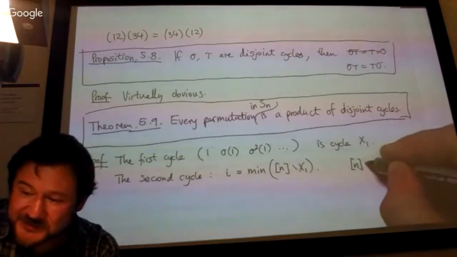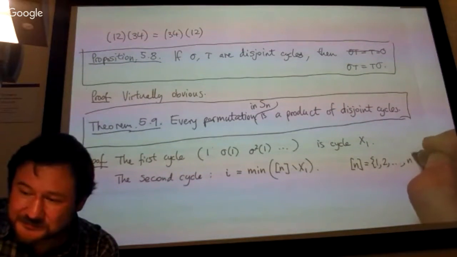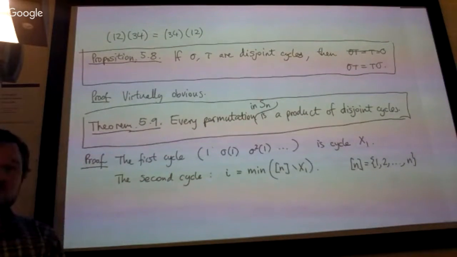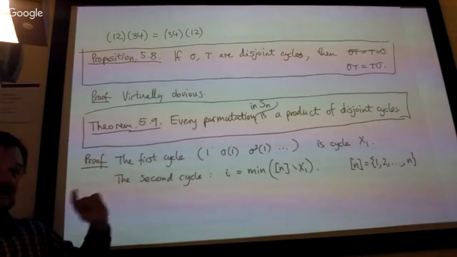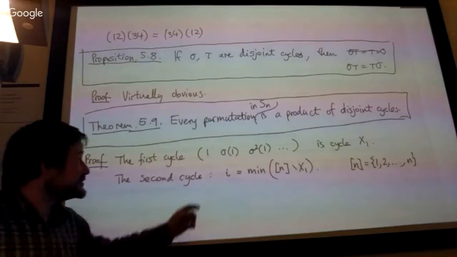Have you come across this before? No? Doesn't matter. When I write n in square brackets, and it makes sense in the expression that I've written it in, then I mean the positive integers 1 up to n. So I look at those ones.